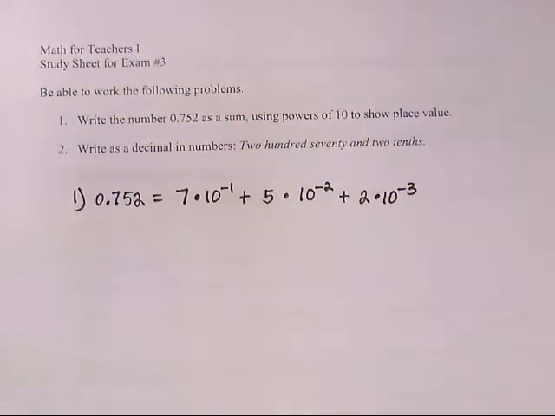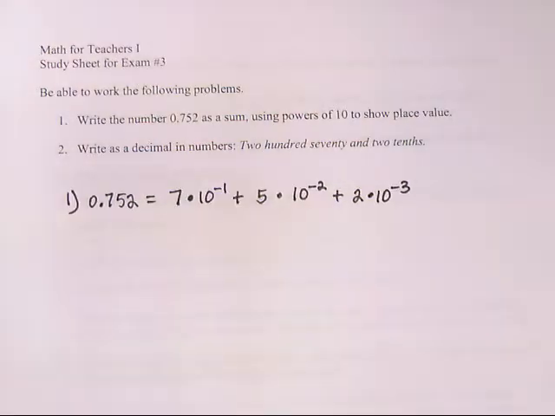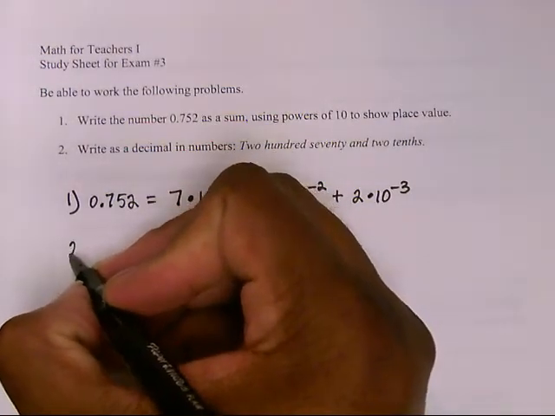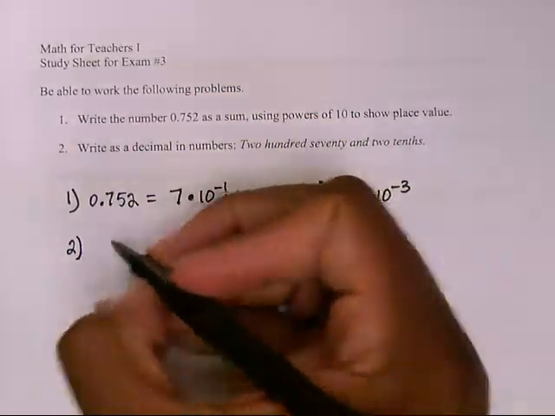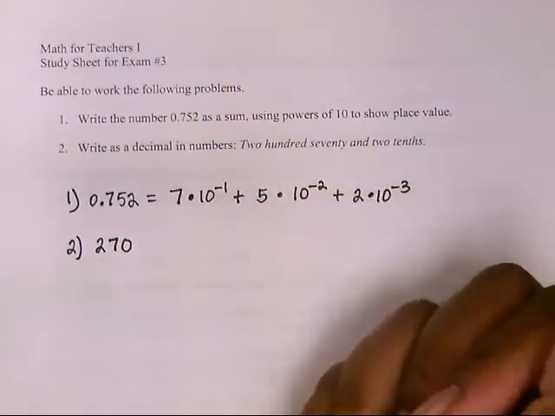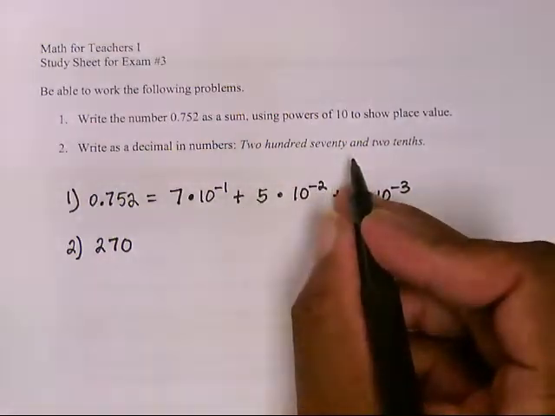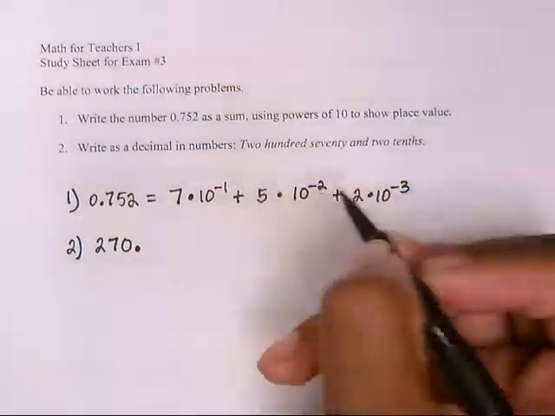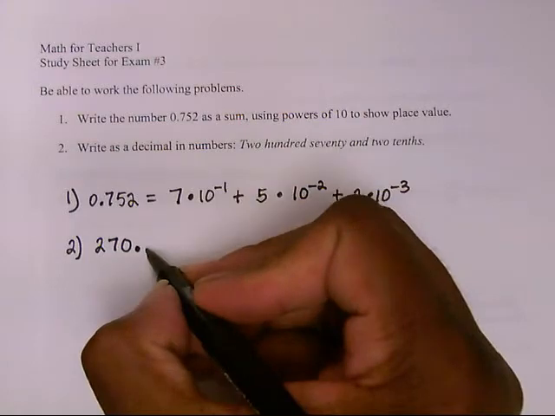Alright, number 2. Write as a decimal in numbers. In this case, 270 and 2/10. So 270, that's the whole number. The word "and" is the decimal point, and then 2/10.